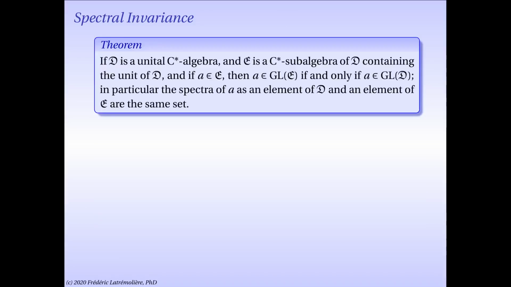So in order for me to state my theorem about the Gelfand spectrum of the C-star algebra generated by a normal element without any ambiguity, I need a spectral invariance result.